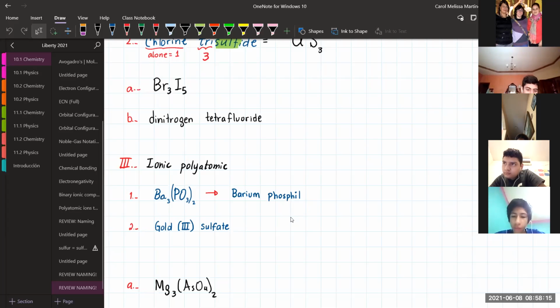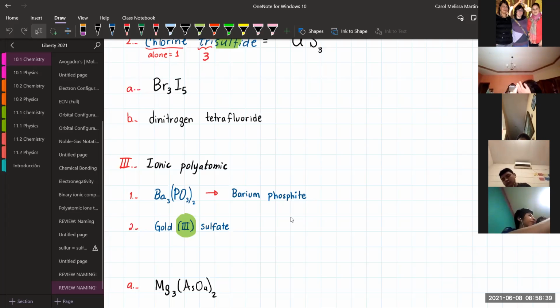Now, for the second example, I have gold(III) sulfate. So this 3 right here is telling me that gold is a transition metal that has multiple charges, but the charge used in this compound is 3.